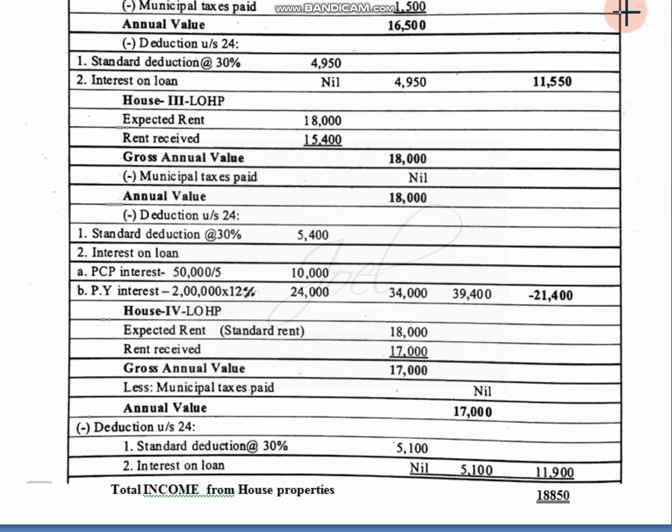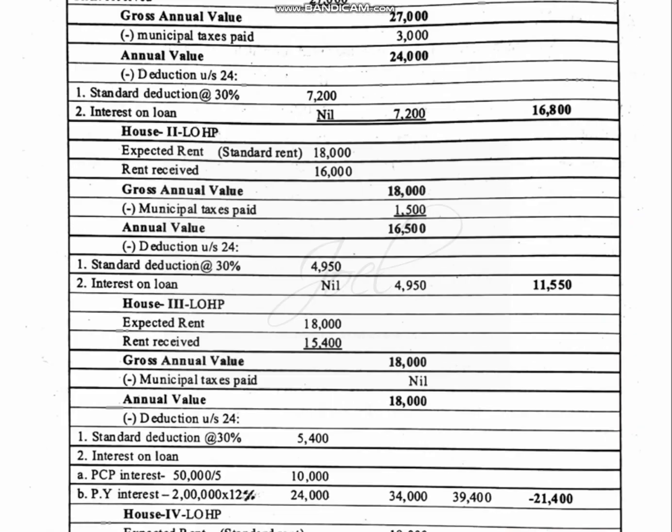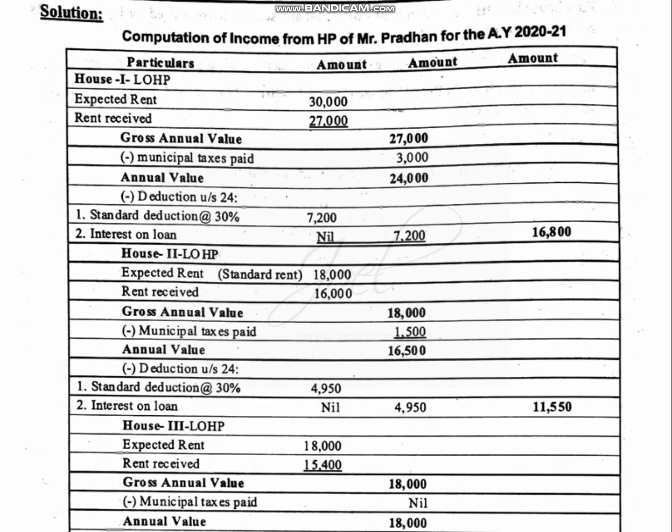Now quickly, if you have not written the problem, to write the problem I will scroll it once. See, this is the solution. You can draw up to 3 amount columns. First house, second house. Pause the video and write down the problem. Part of the third house is given here.